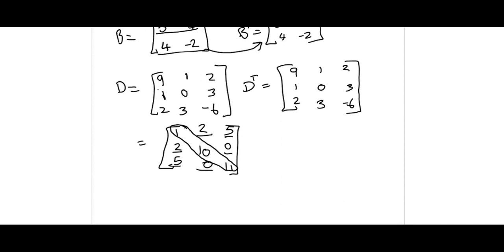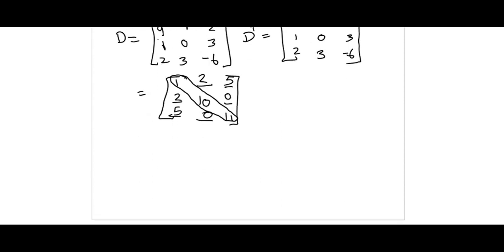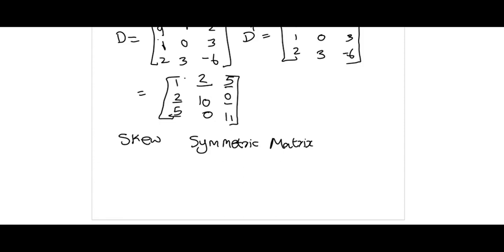So let me talk about the next thing: skew symmetric matrix. A matrix is said to be a skew symmetric matrix if its transpose is opposite to its negative. And now in this case, I'll use this example to explain that concept.